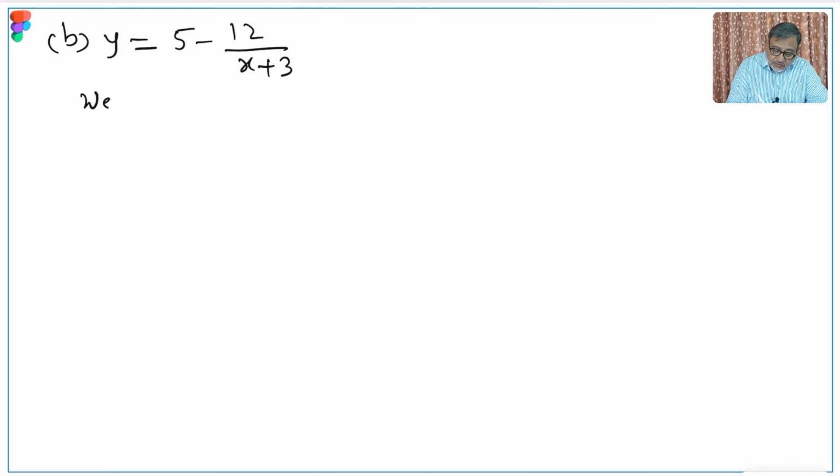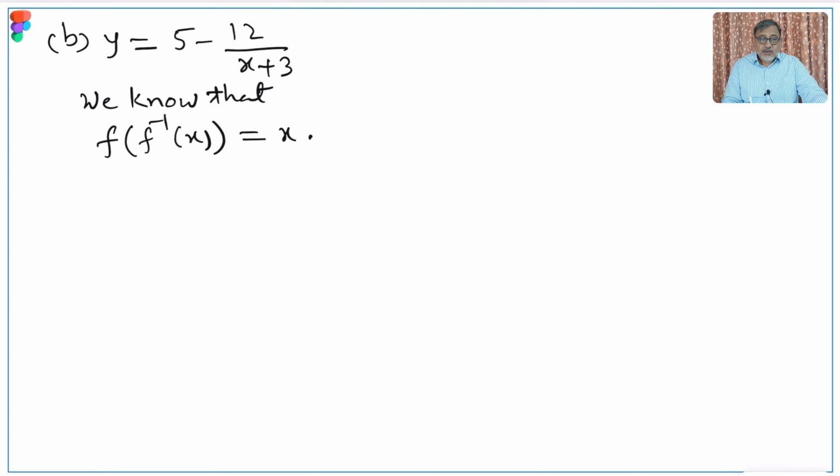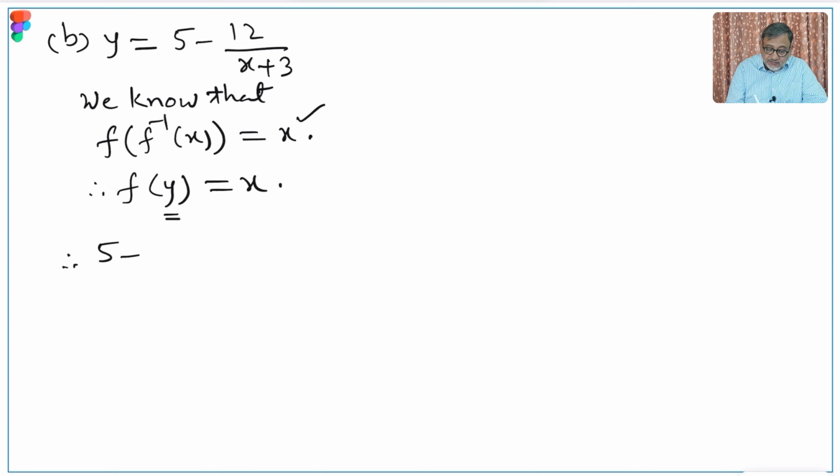We know that f inverse of x is x, right? So therefore it will be f of y, which will be equal to x. Now we replace every x term by y in the given function. So therefore 5 minus 12 over y plus 3 will be equal to x.